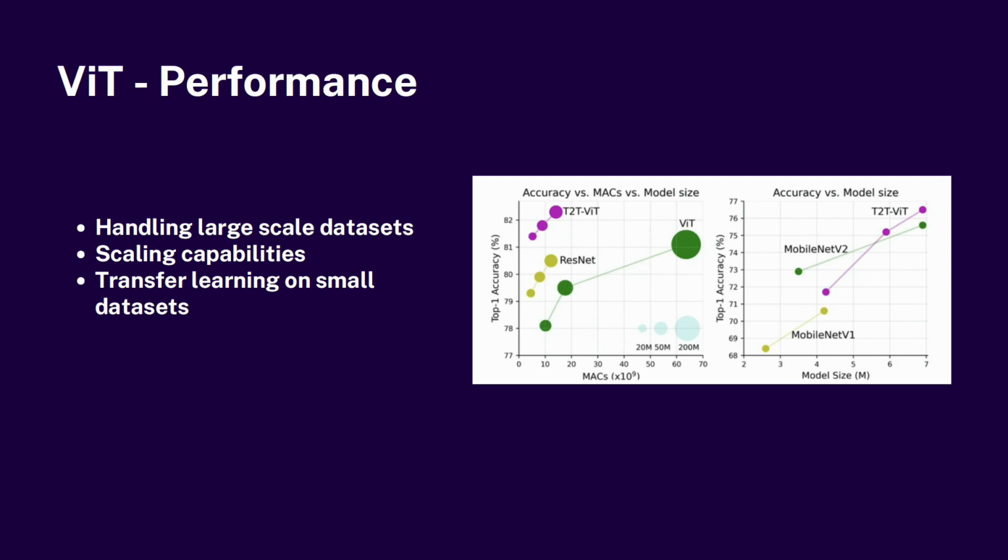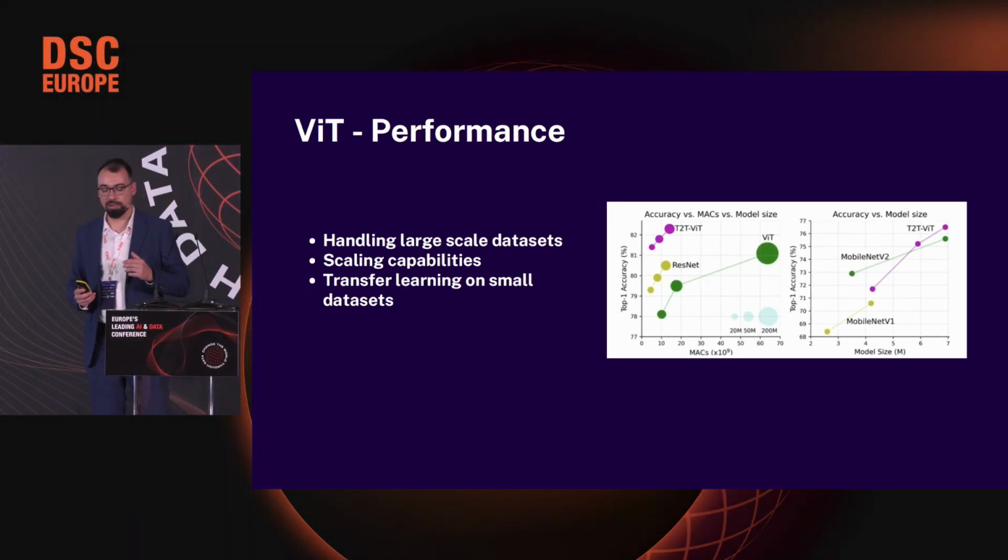And if you have greater model size and you put more data in it, this T2T-ViT will outperform and be more accurate, which means that you can get more out of ViTs if you feed them more data.